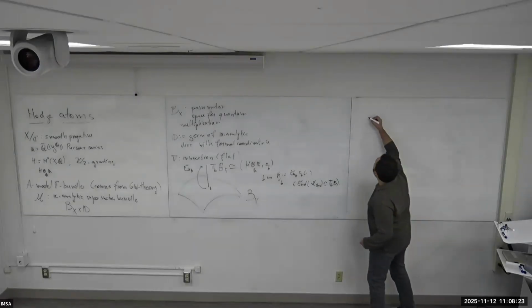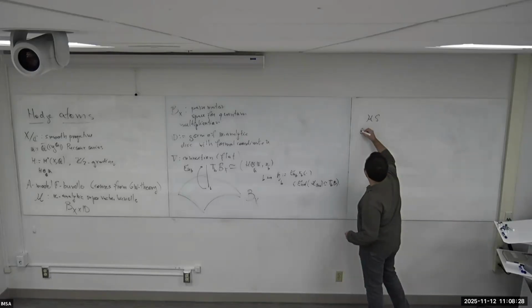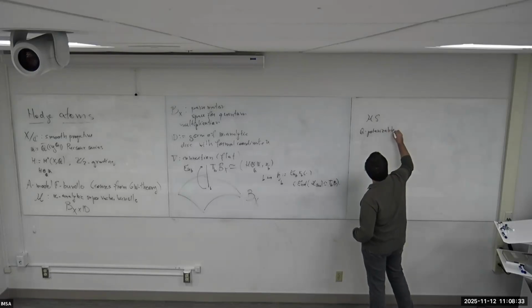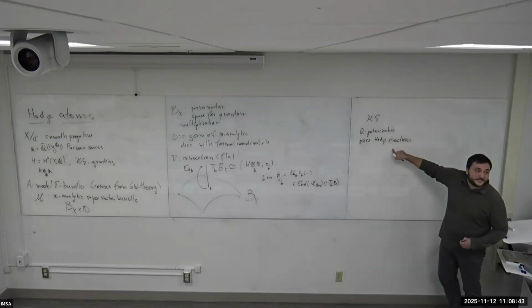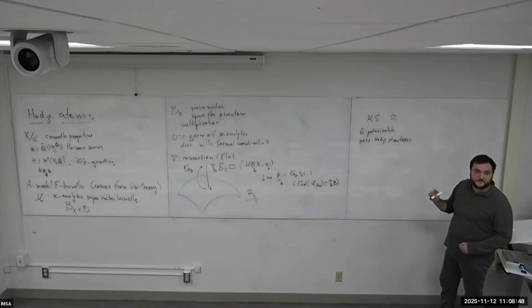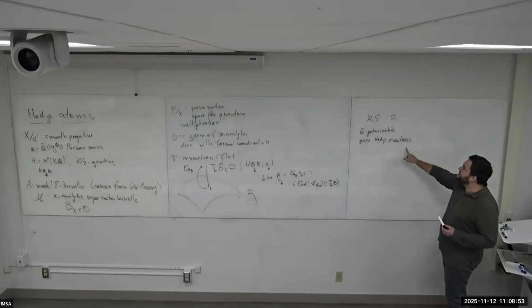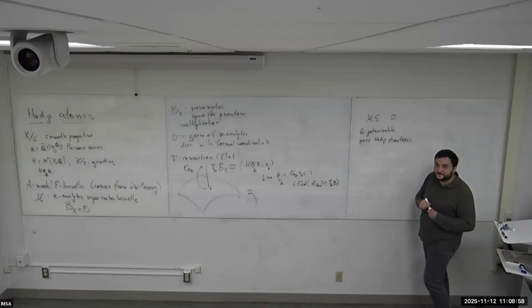Now, what happens is, if you remember that you have this category of Q polarizable pure Hodge structures, please accept this as a fact if you know this, this category, where you collect the union of polarizable pure Hodge structures, is a category of representations of a certain group.